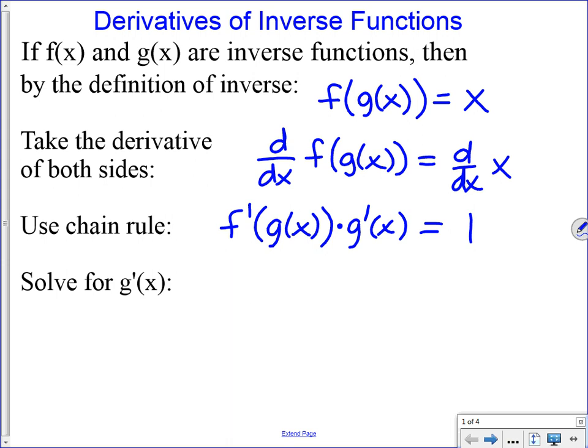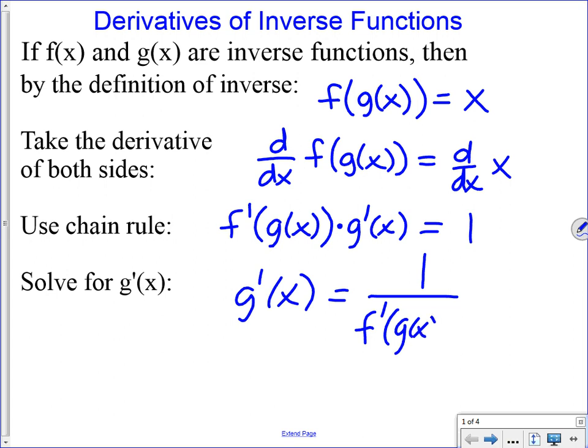Since we're trying to find the derivative of the inverse function, which would be g of x, we're going to solve this for g prime of x, which is the derivative of g of x. Since I'm multiplying on the left side, we would just divide the 1 by f prime of g of x.